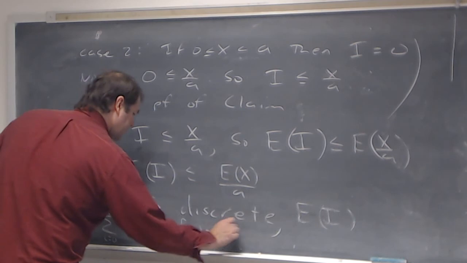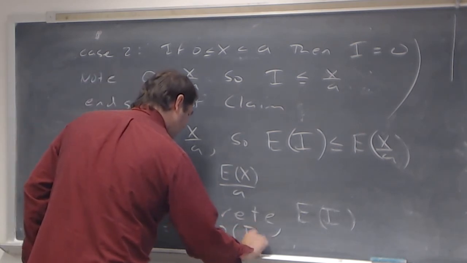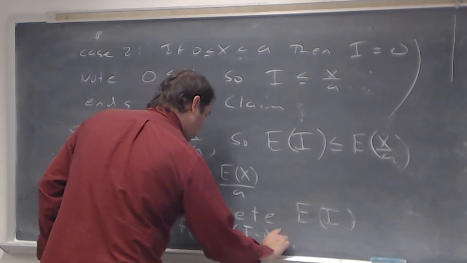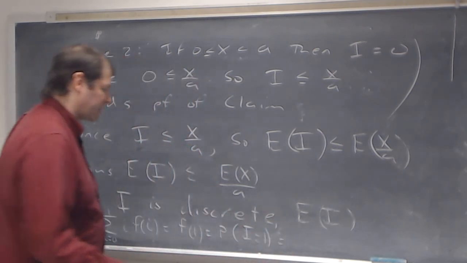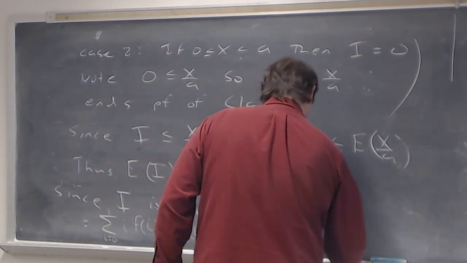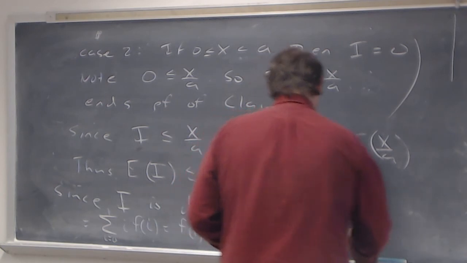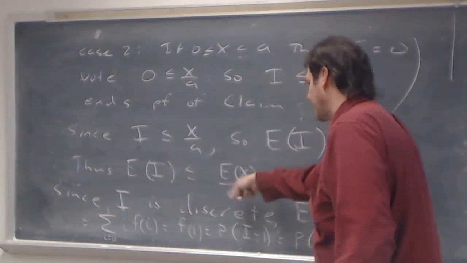So that's the probability that I equals 1. And when does I equal 1? Well, the only time that I equals 1 is when x is greater than or equal to a. So that's the same thing as the probability that x is greater than or equal to a. Okay, so I put in for the expected value of I that that's the probability that x is greater than or equal to a, and we get the result.